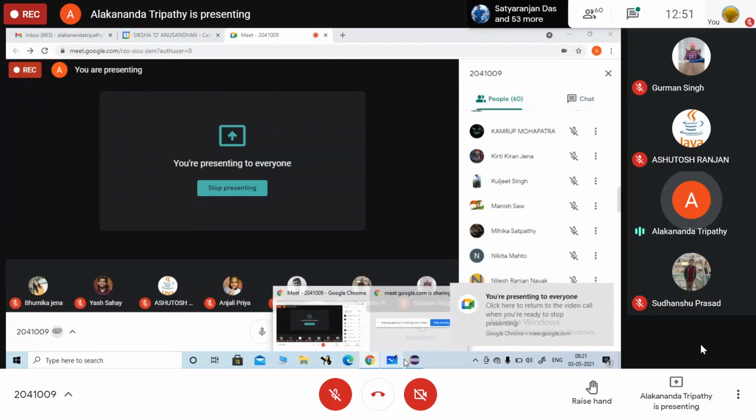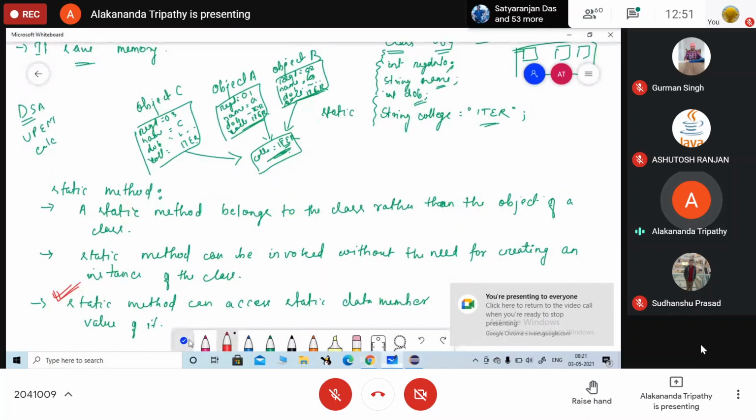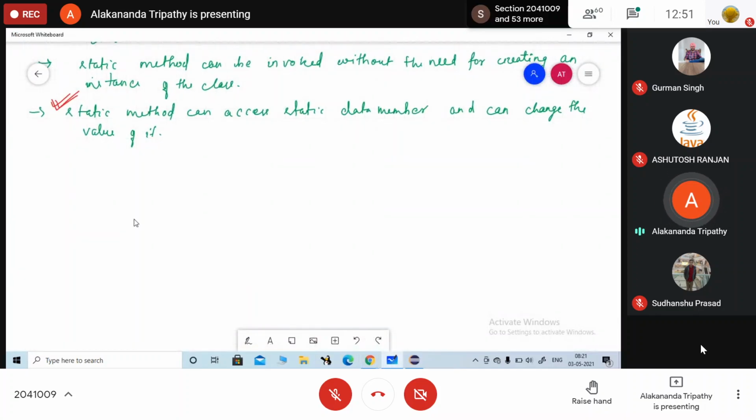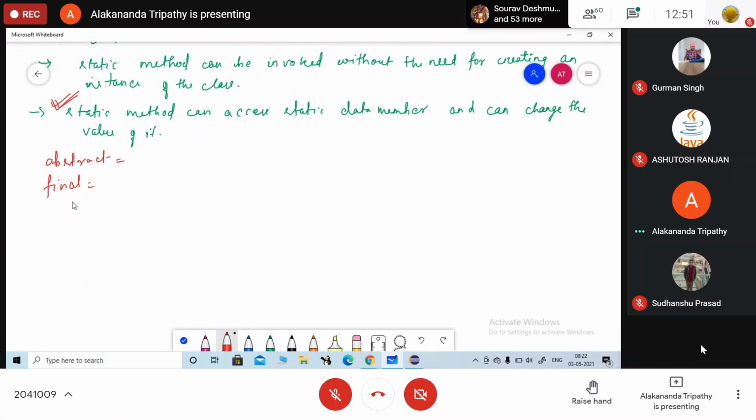Next, another keyword is there, abstract. I will discuss it after we discuss inheritance. And final, I think we have already discussed the final keyword. We have studied final.